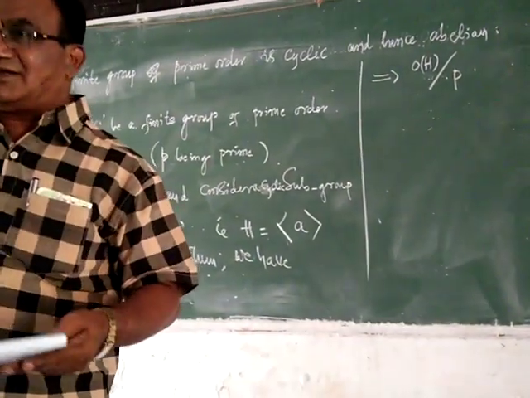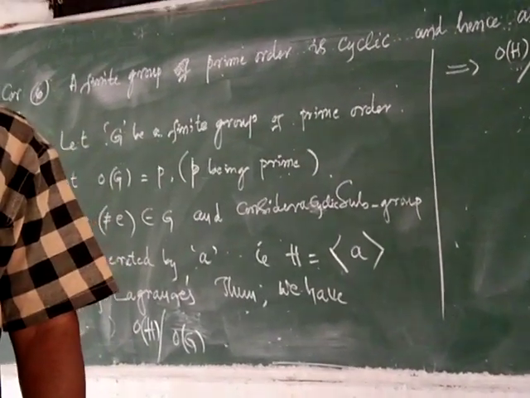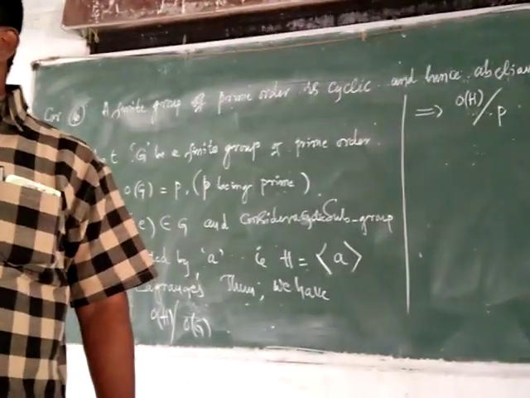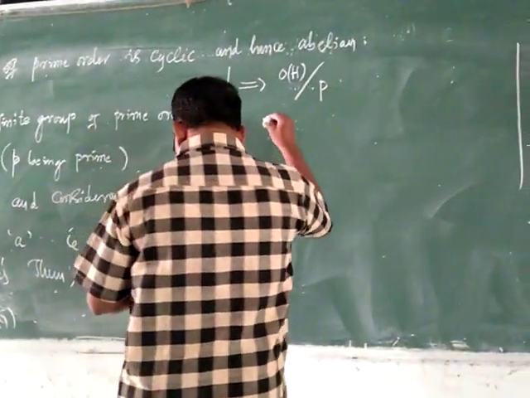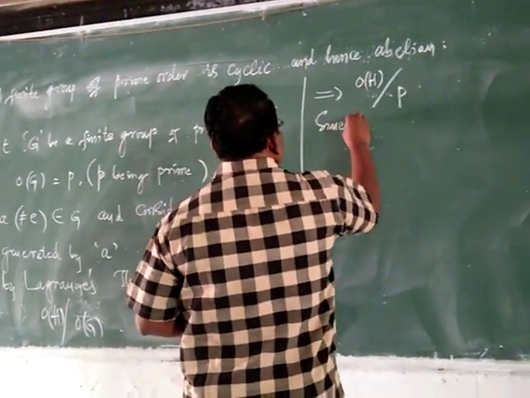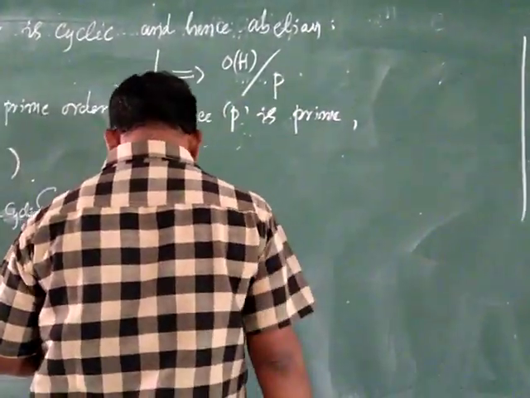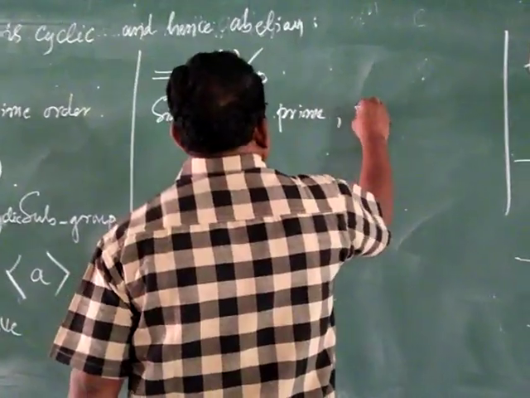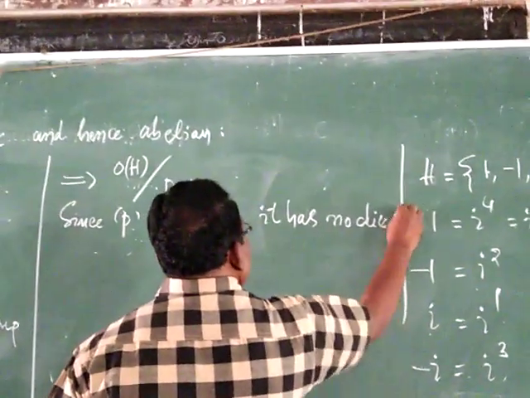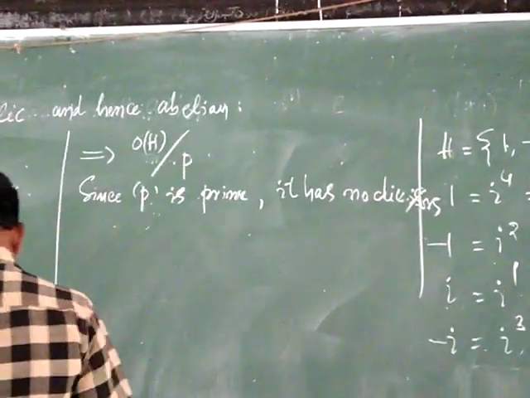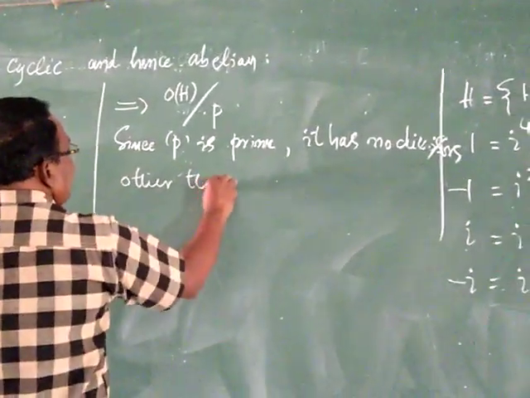Since p is a prime number, when do you say that p is prime? If and only if it has no other divisors other than 1 and p itself. So since p is prime, it has no divisors other than 1 and p.